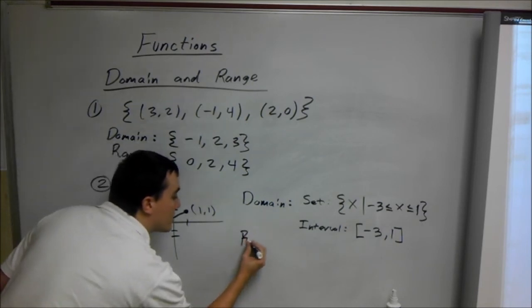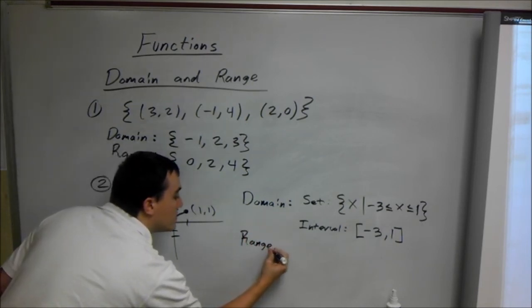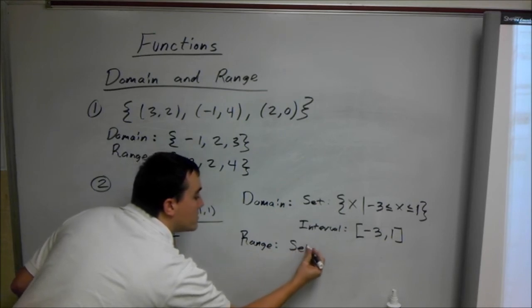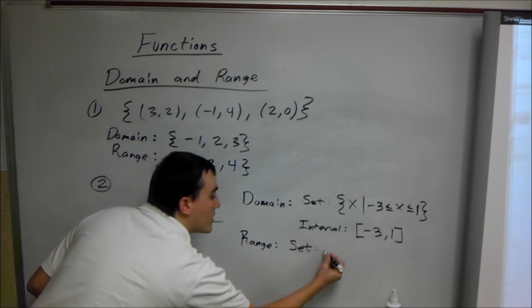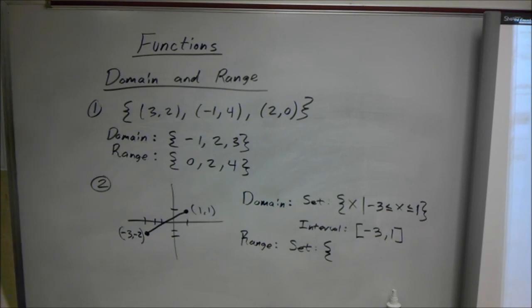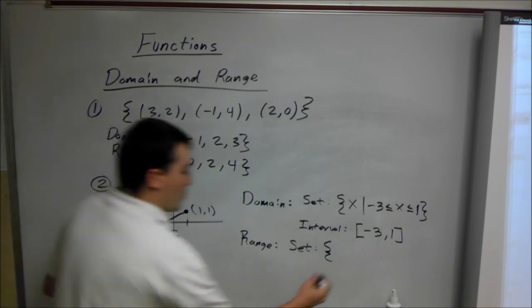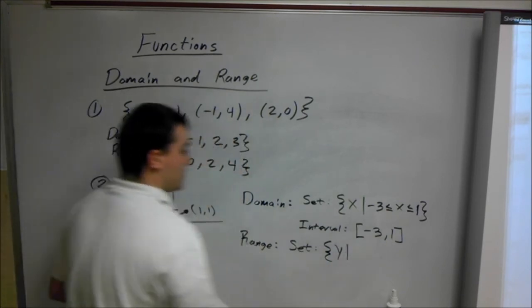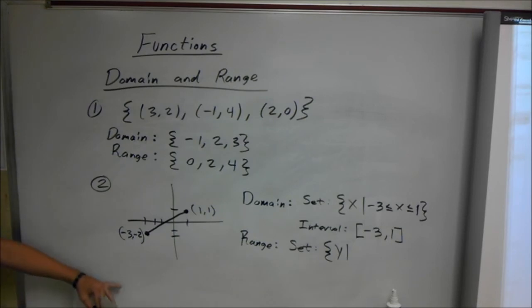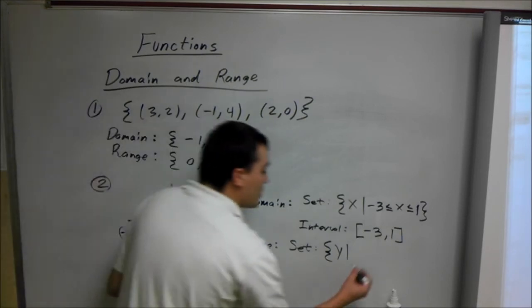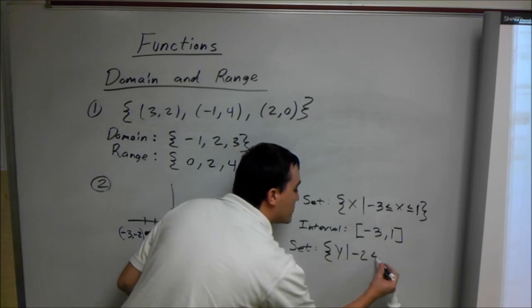Range, we can do the same thing. For set notation, except when we're talking about range, we're talking about y values. So we would say y exists between bottom to top, -2 to 1. Always go from the lowest value to the highest value.